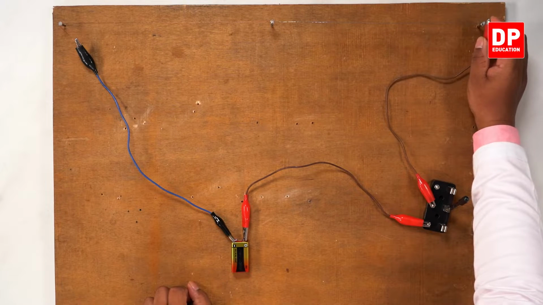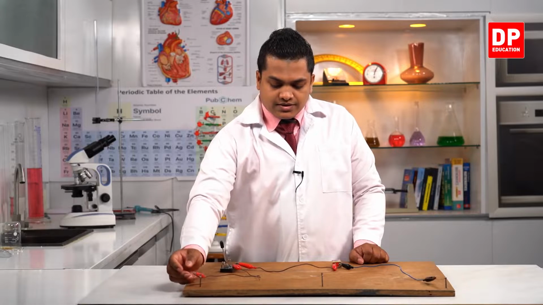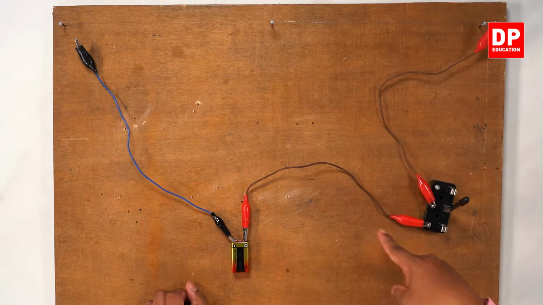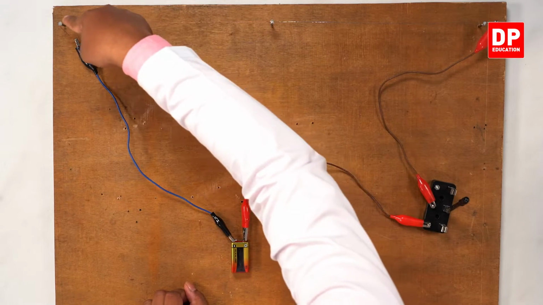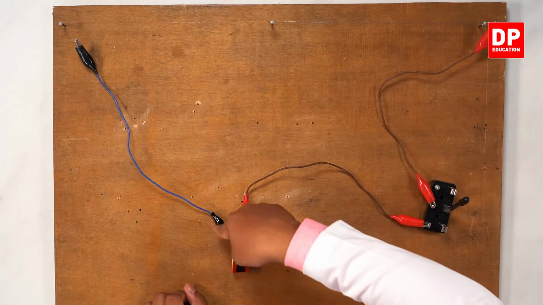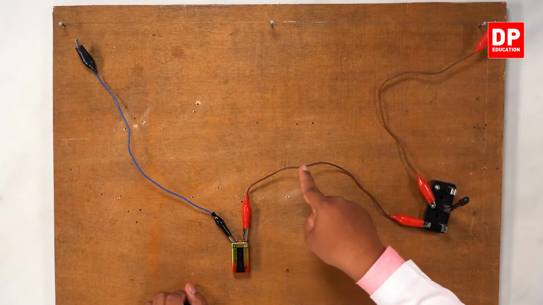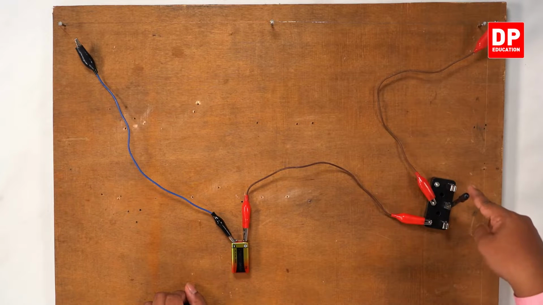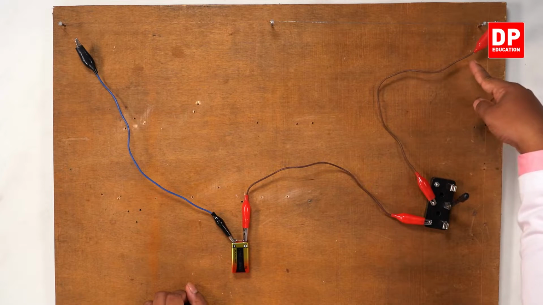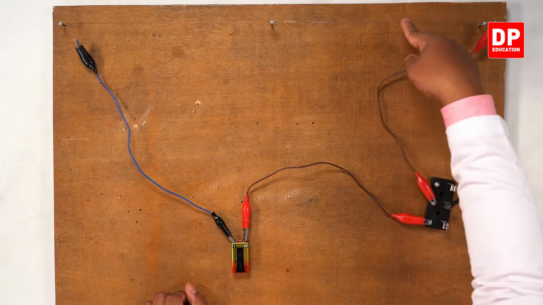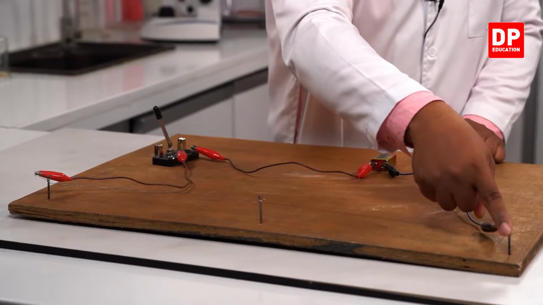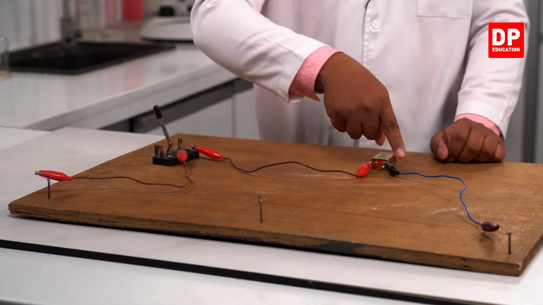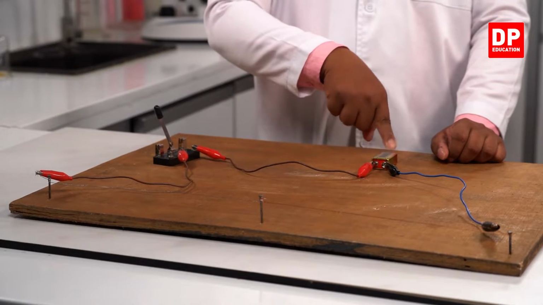So the circuit is completed like this: from the positive terminal through the switch, through the nichrome string, towards the copper coil, towards the other nail, and comes back to the negative terminal.